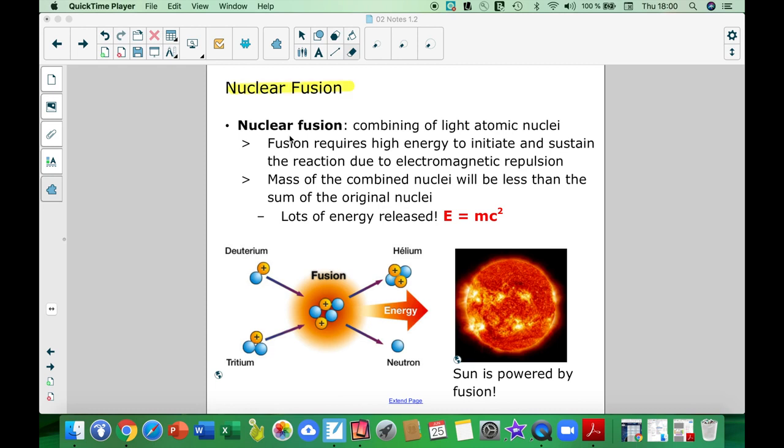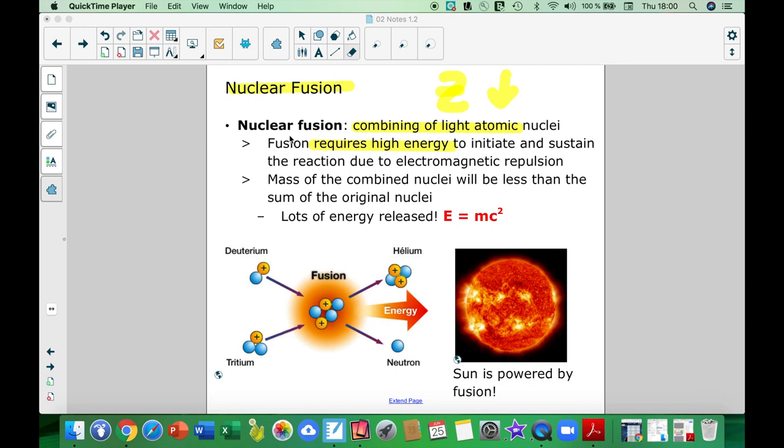Nuclear fusion is the opposite. It's the combining of light or small atomic nuclei, that means that they have low atomic numbers. For this process to happen, fusion is going to require very high energy. That's why nowadays it's very difficult for humans to provoke fusion on our planet.